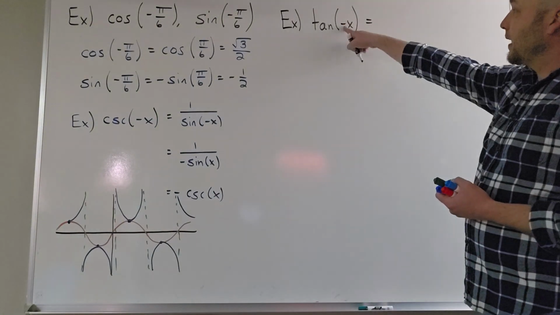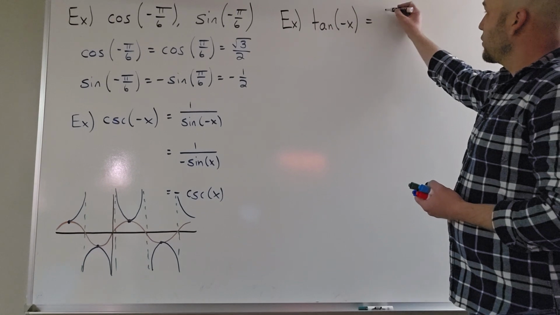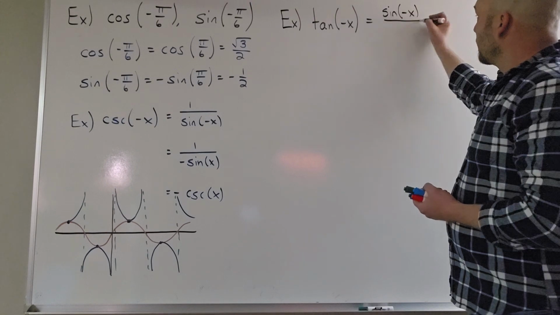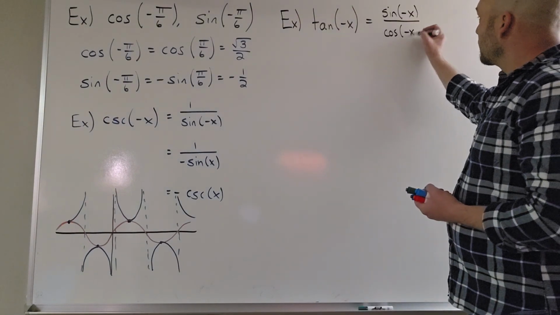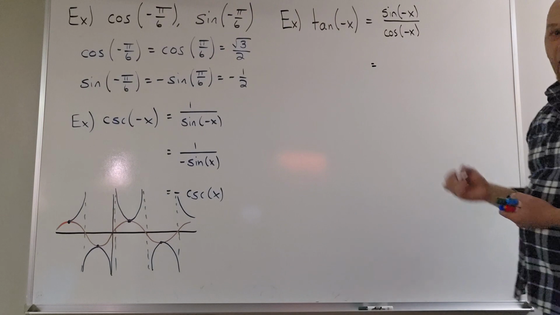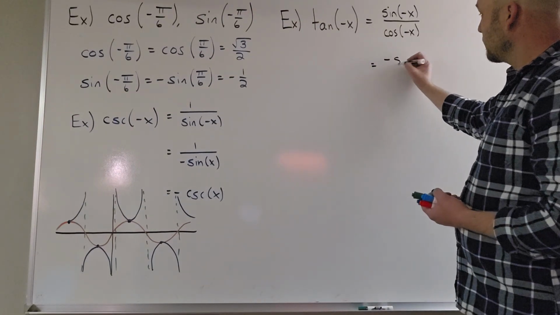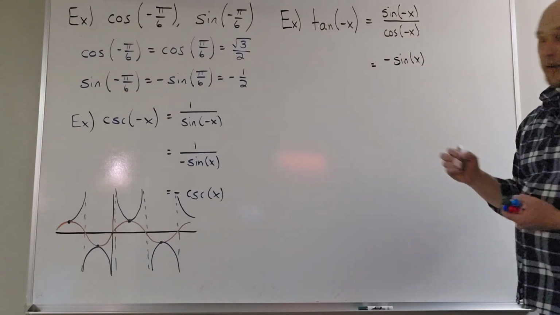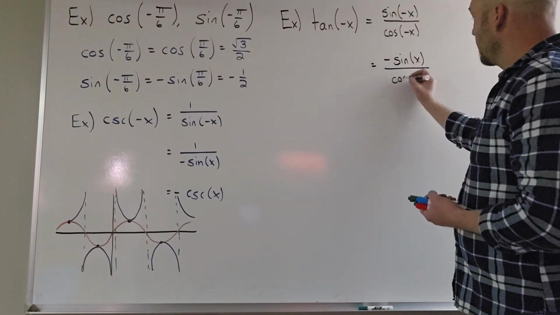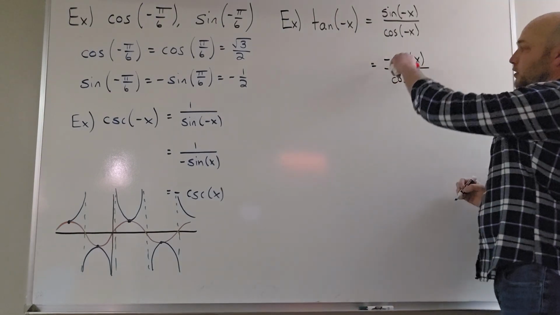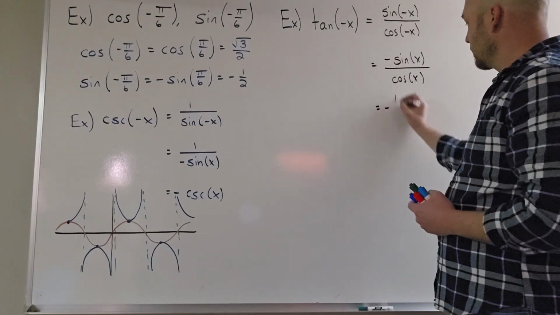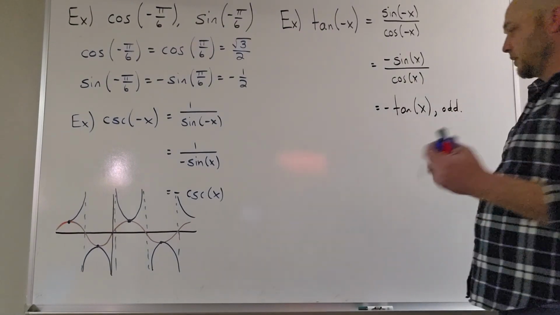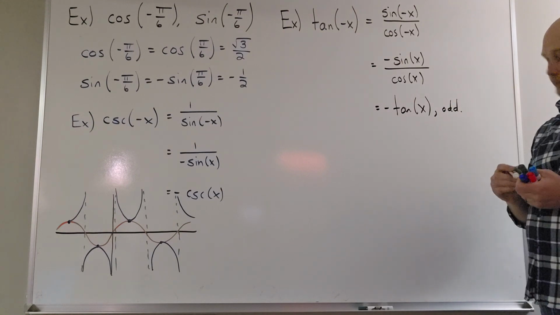If I take a negative on the inside of a tangent, tangent being sine over cosine, this would be the sine of negative x over cosine of negative x. Sine is odd, therefore I can pull a negative out front. Cosine is even, therefore I can ignore the negative. And then I've got a negative sine over cosine, which is negative tangent, telling me that it is an odd function.